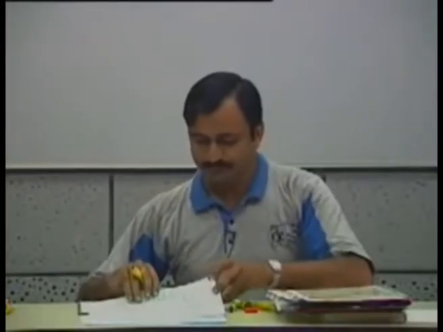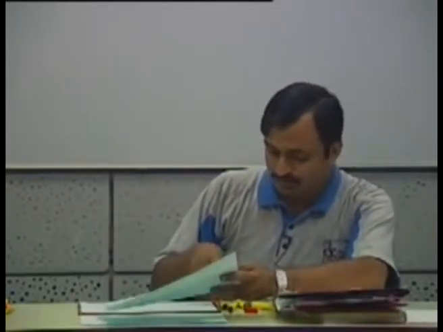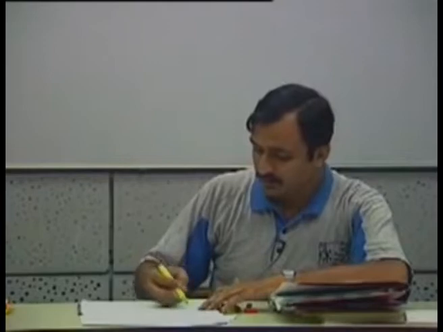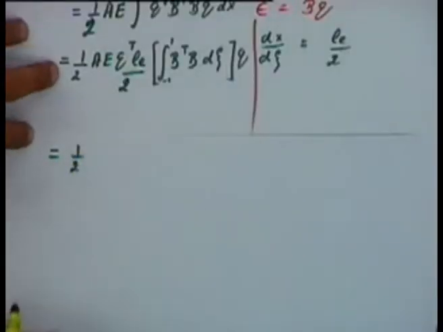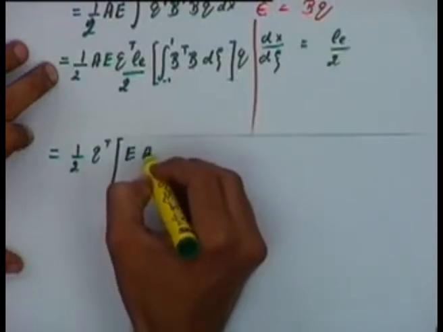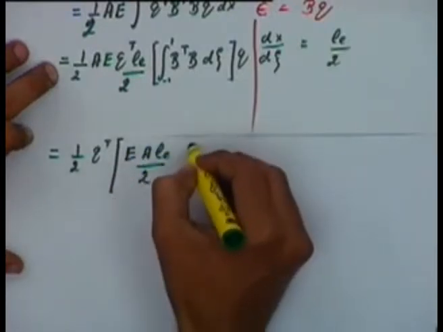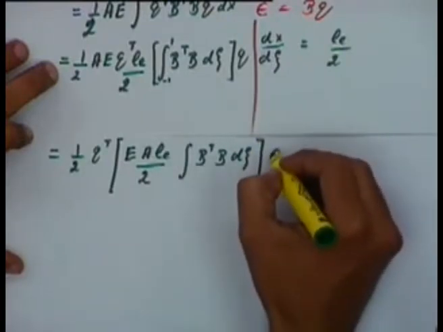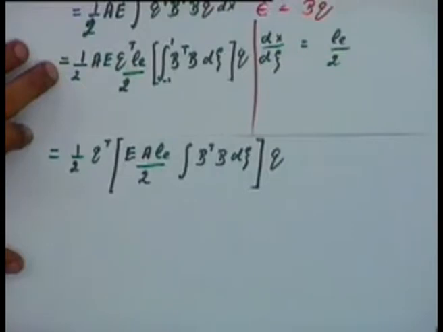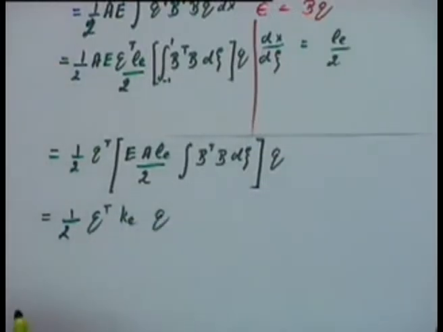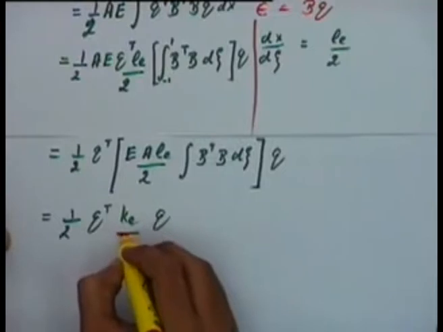What we will do now, this step will be equal to half of Q transpose into terms which will contain E into A into LE by 2 into the integral of B transpose B d zeta, and this whole is multiplied by Q. This will be equal to half of Q transpose KE into Q, where KE is the element stiffness matrix.